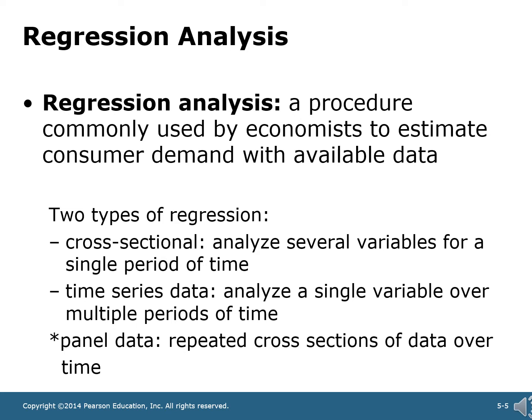Cross-sectional analysis is you're looking at several different variables over one single period of time. In time series, on the other hand, you're analyzing a single variable over multiple periods of time. So how does one thing change over time versus the relationship of several things in one period of time? Now, panel data is just a combination of that, so you have a bunch of cross-sections over time.